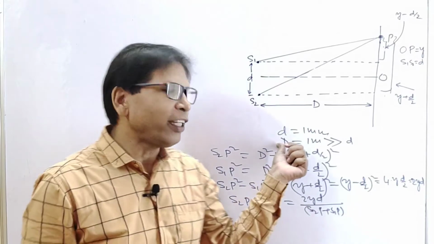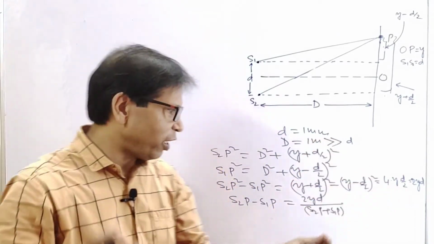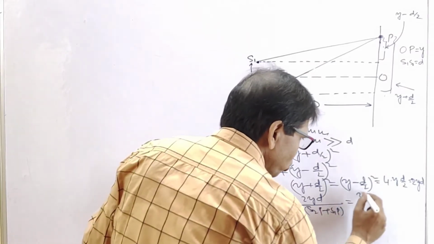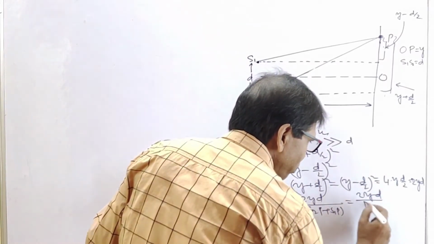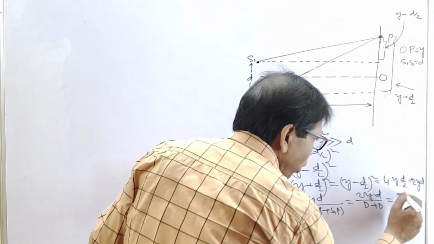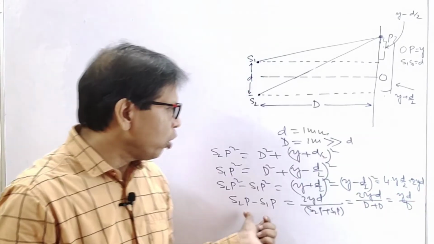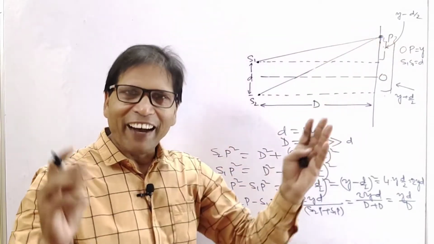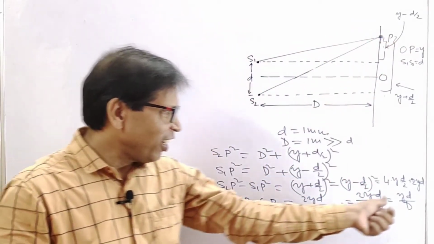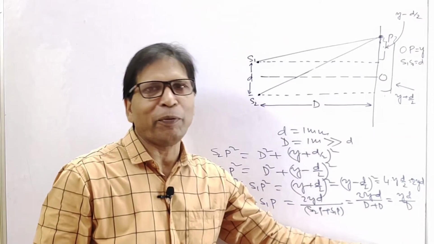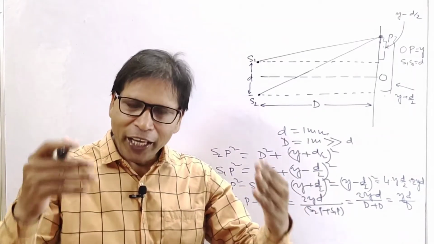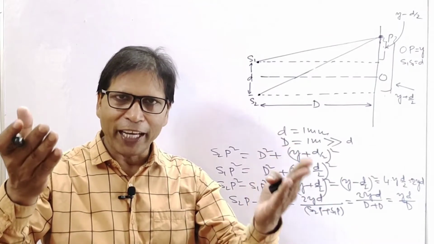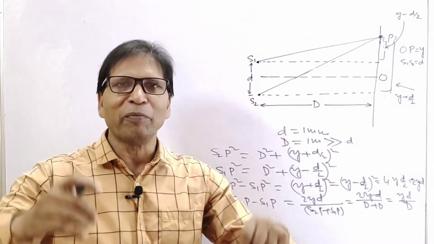Now as capital D is greater than small d, this is D and this is also D. So this is 2yd by D plus D, so this is y small d by D. So the path difference at the point P of two waves coming from S1 and S2 is y small d by capital D. Now we have to calculate the position of interference maxima and minima.